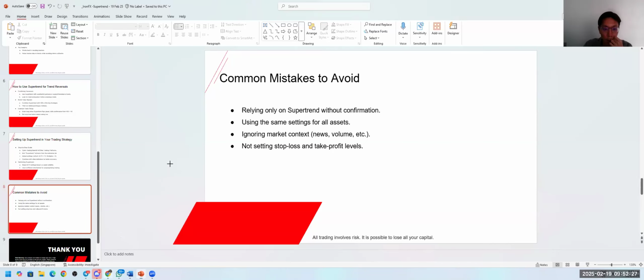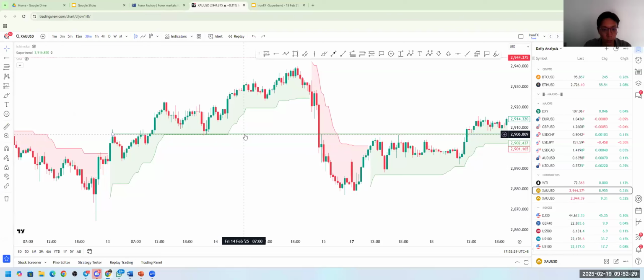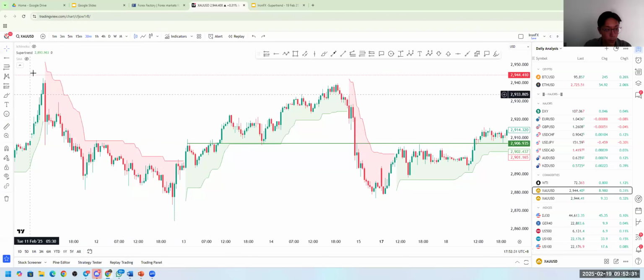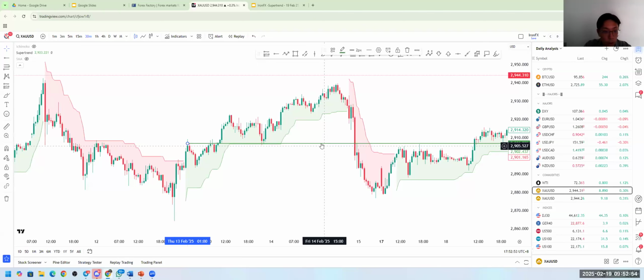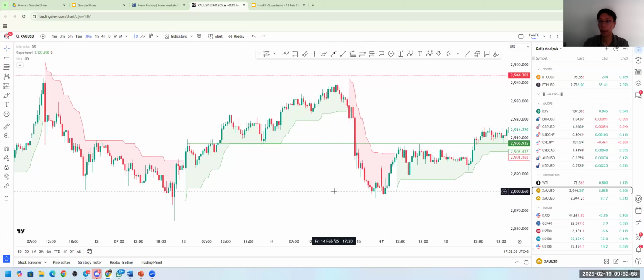I believe that once you master normal horizontal levels, you can already catch trends like this. This Supertrend is just to help you understand, help you to be more confident in your trades. You cannot use it alone. It's not a standalone indicator. You need to use it with other confluences as well.